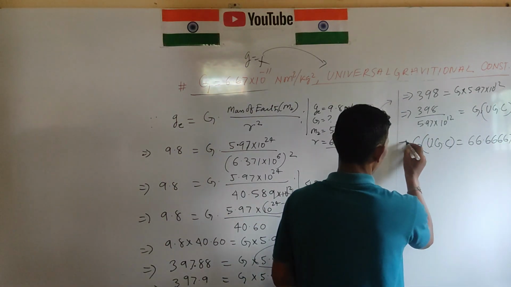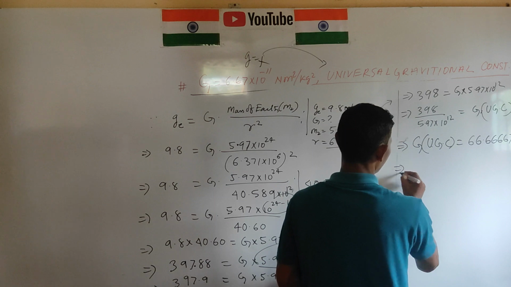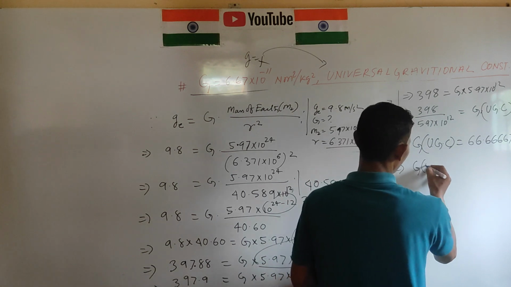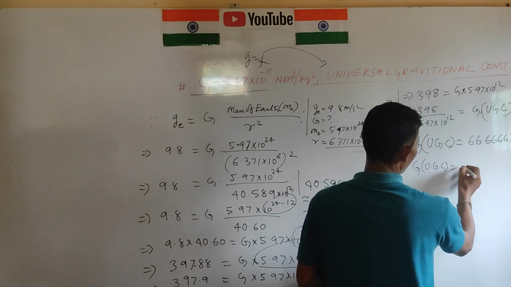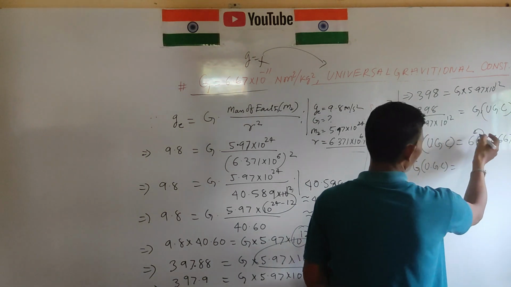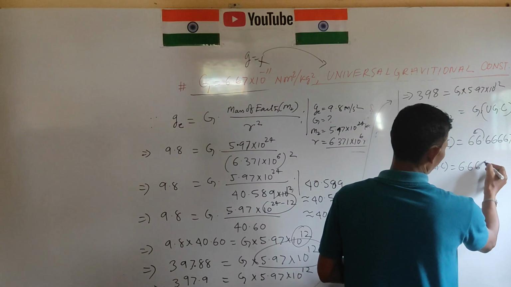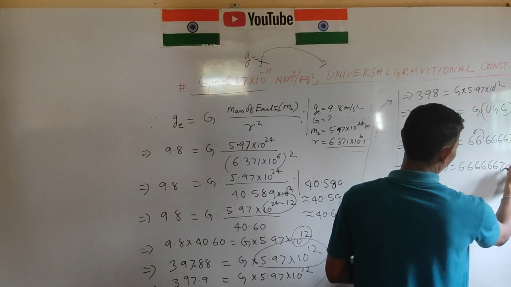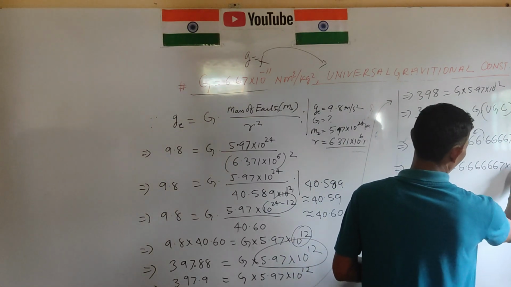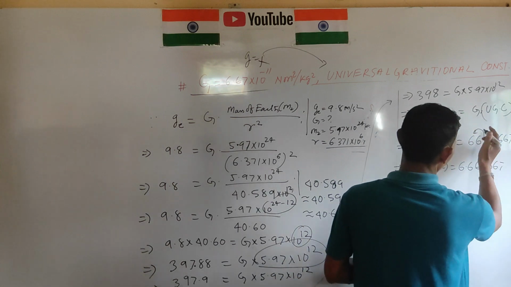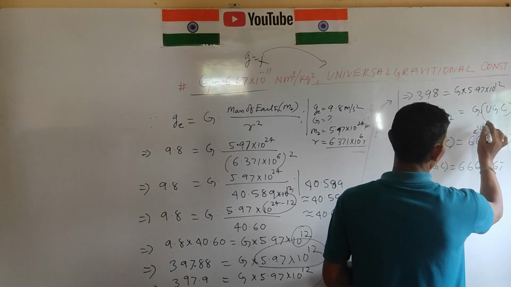Okay, now write this one: gravitational constant, universal gravitational constant. Here the point is shifted to the left side. 6.66667 into 10 to the power minus 12, and one place shifted left gives 10 to the power plus 1.